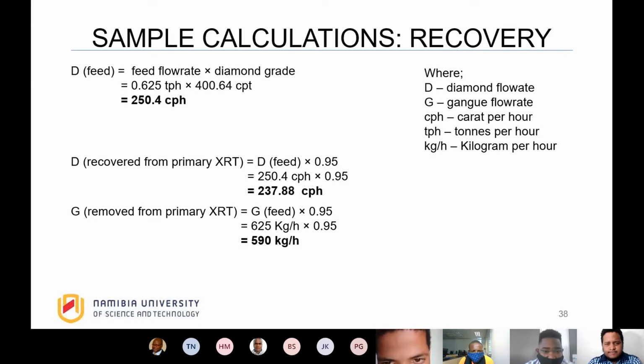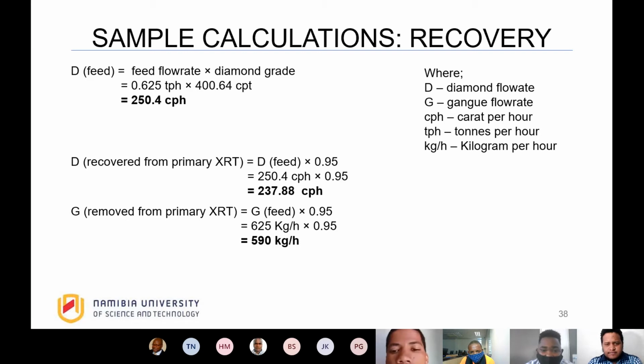So your diamonds recovered by your primary XRT machine will be that diamond flow rate in your feed multiplied by the 0.95. Now this 0.95 represents the 95% efficiency of your primary machines. This gives a diamond flow rate for your accepts from your primary XRT of about 237.88 carats per hour.